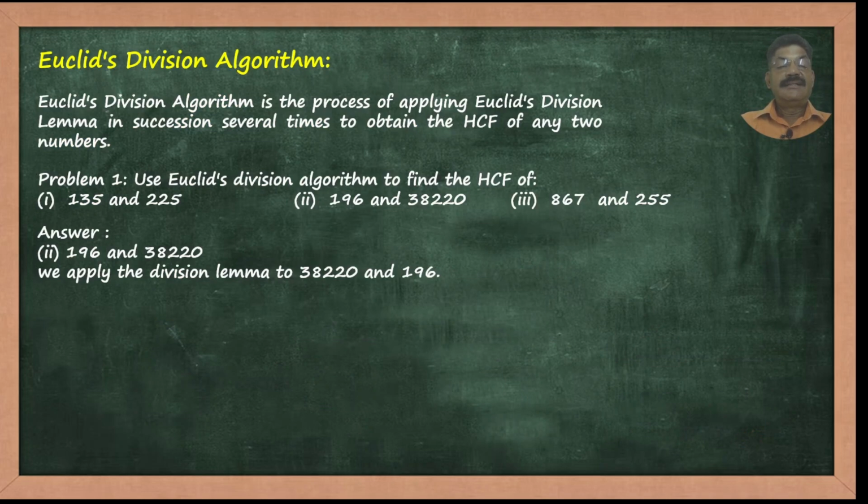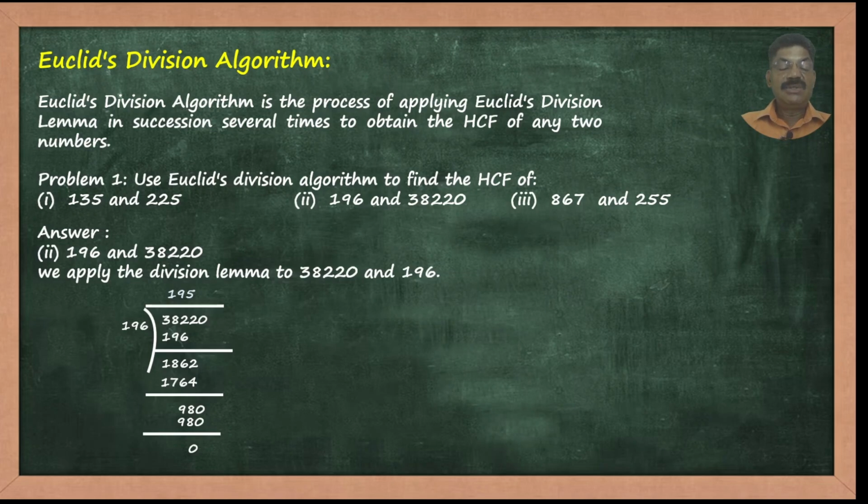196 and 38,220. Naturally, 38,220 is the biggest number. Therefore, we divide it by 196. 195 times 196 is equal to 38,220. By this division, you can verify it. So straight away, you get 0 as the remainder.